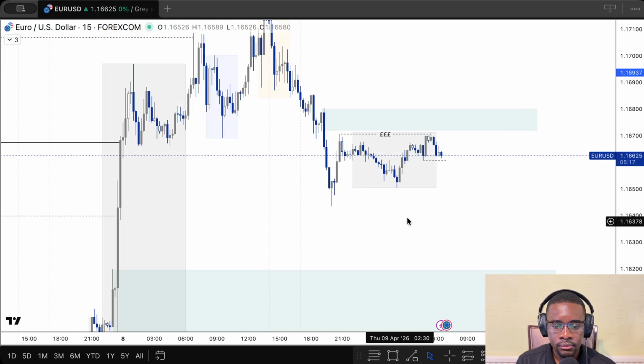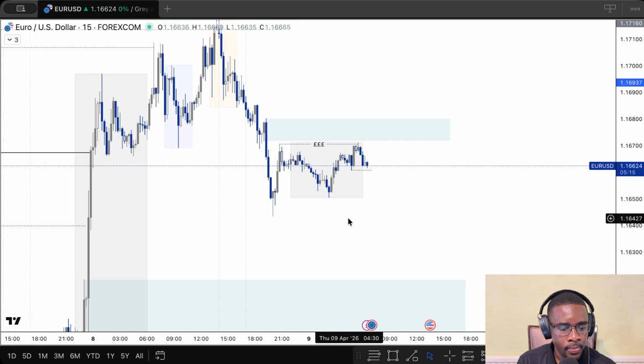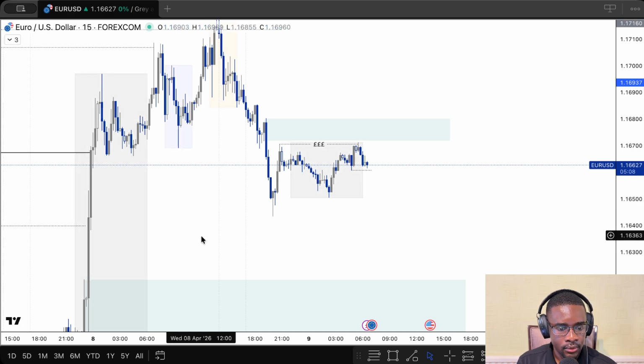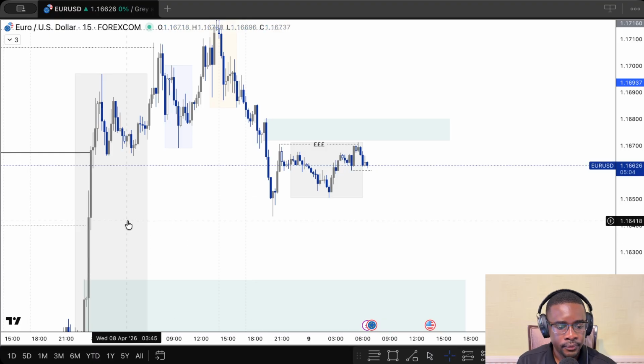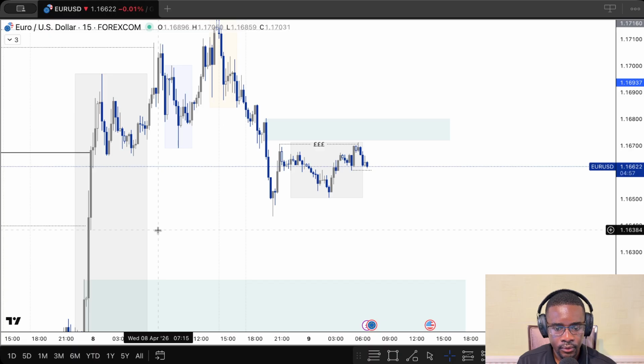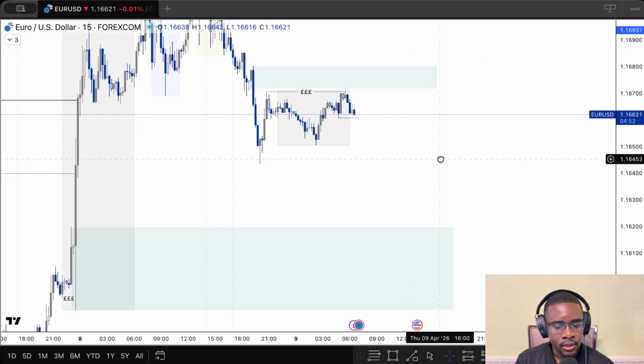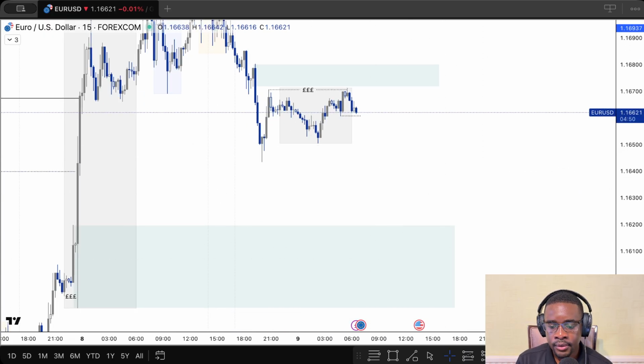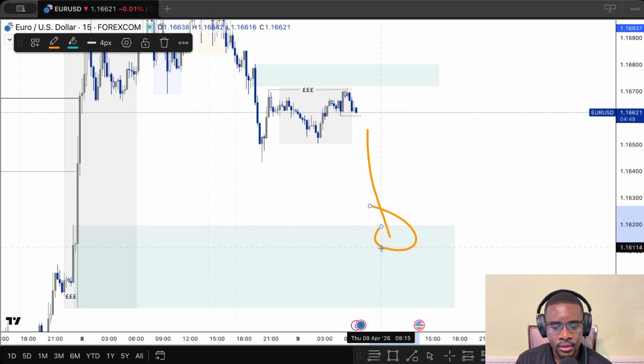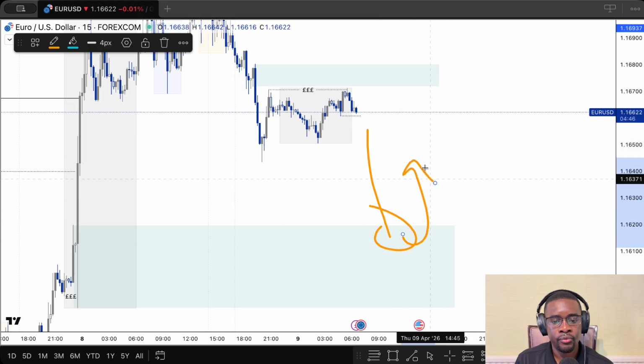Okay, anything for longs? There's nothing clear for longs. Yeah, so at the moment there's nothing clear for longs except maybe when price comes down and maybe mitigates this area, and then we can start looking for longs.